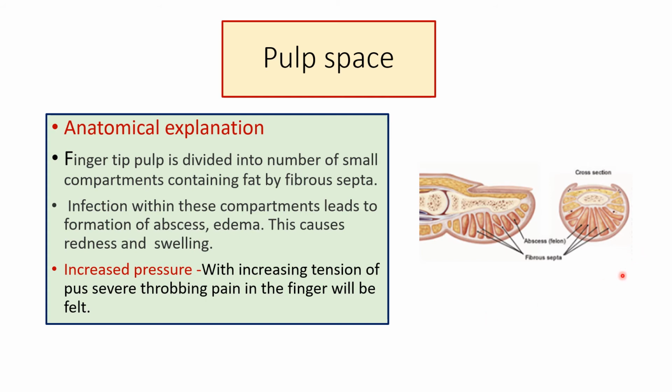You can see the cross section and longitudinal section of the pulp space. So with increasing tension produced by the pus, there will be severe throbbing pain in the finger.